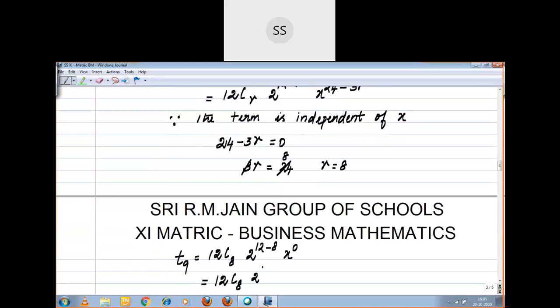Then 12C8 2 to the power 4 is the term independent of x.